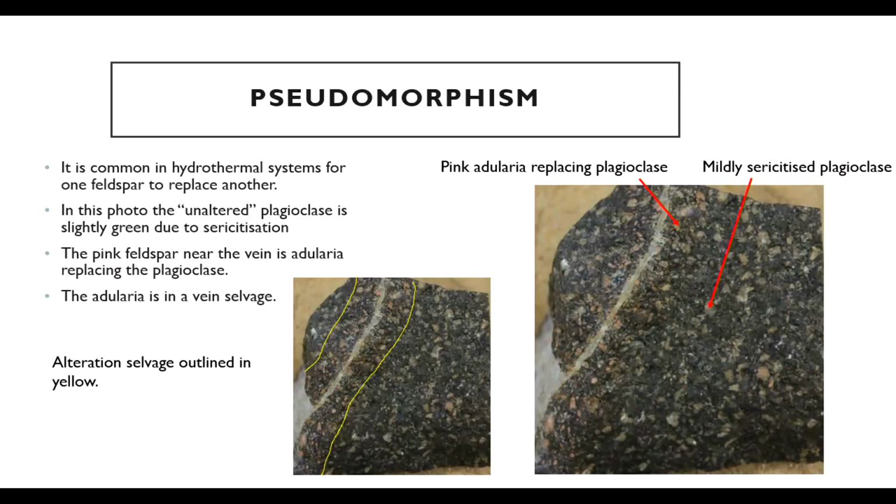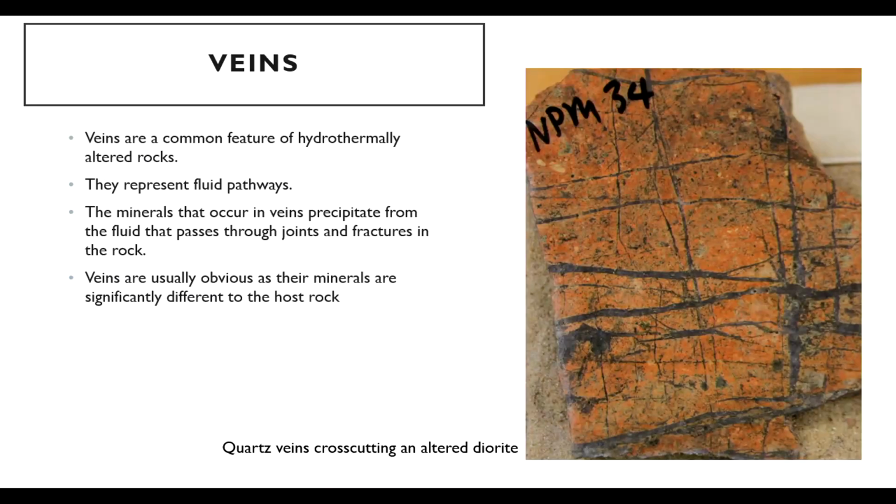And here's another example, but in this case we've got pink adularia replacing plagioclase, and we might have a vein. But this is mainly just around the selvage in this case. So out here it's mainly mildly cerussitized plagioclase, but closer up, the plagioclase has been replaced by a K feldspar.